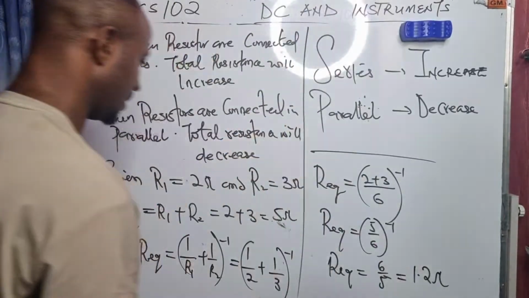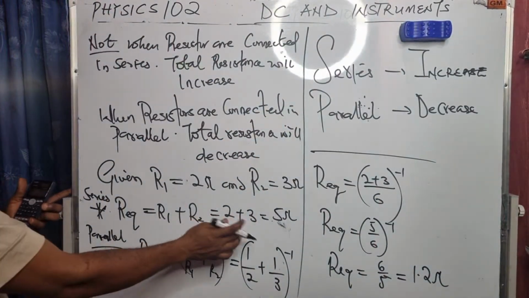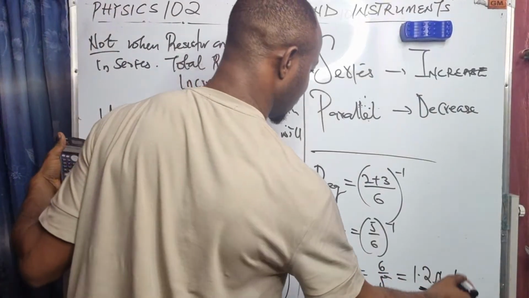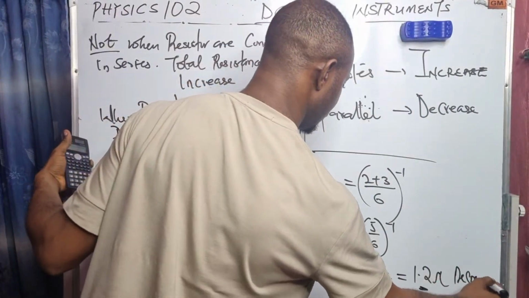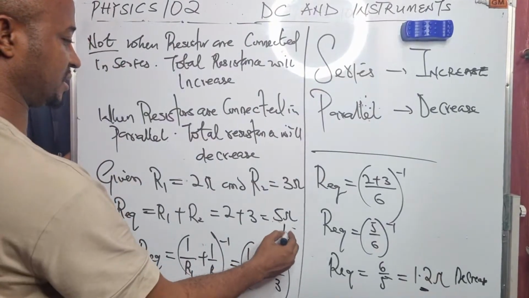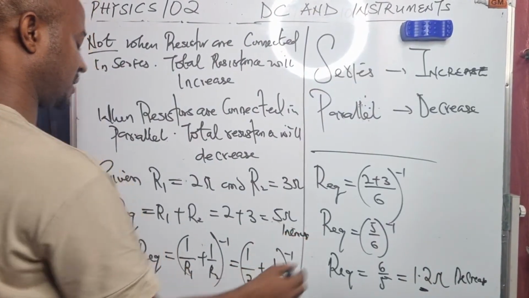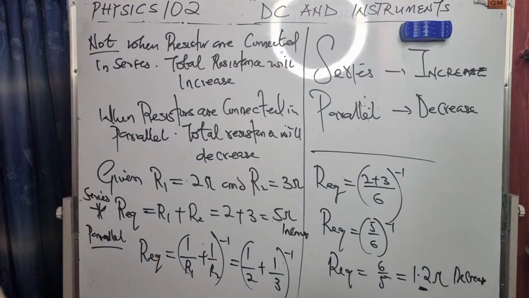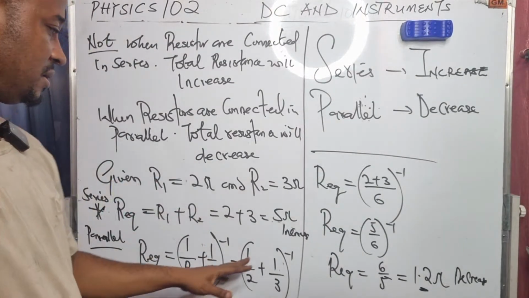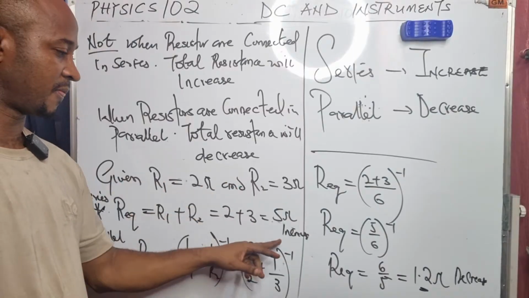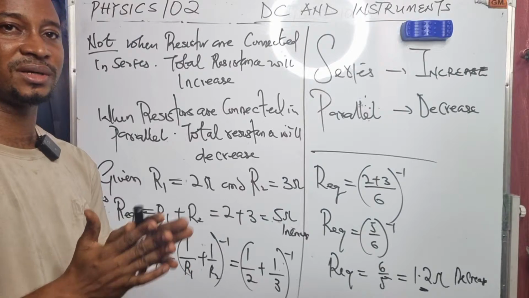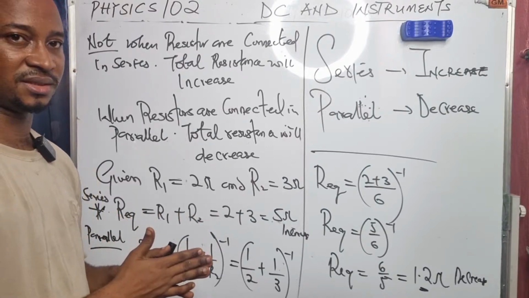ohms, right? If you look at this, with the same values, we have 5 in series and 1.2 in parallel. So there's a decrease here, and an increase there. Resistance tends to increase when resistors are connected in series.